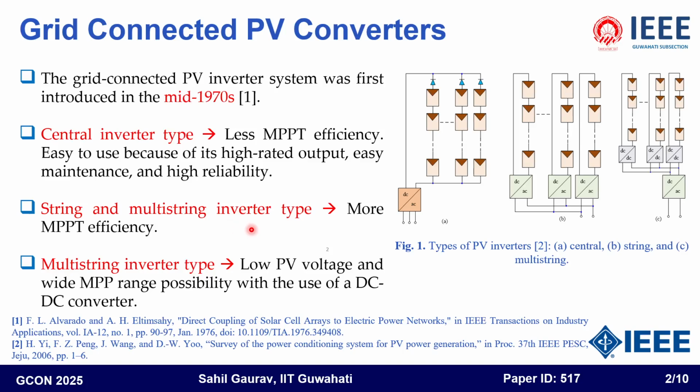In string and multi-string inverter types, a string differs in many aspects, such as the rated output of module and inverter and MPP range. The string and multi-string inverters have more MPPT efficiency, and the multi-string inverter type has wide MPP range possibility with the use of a DC-DC converter.